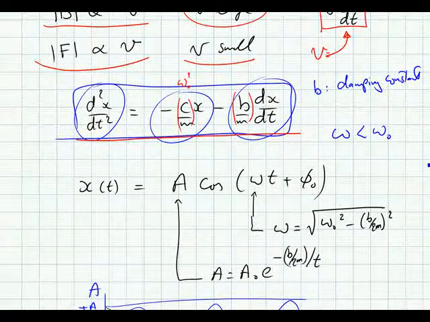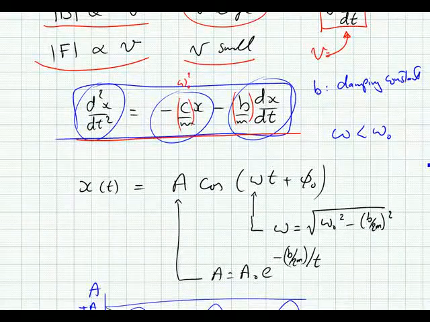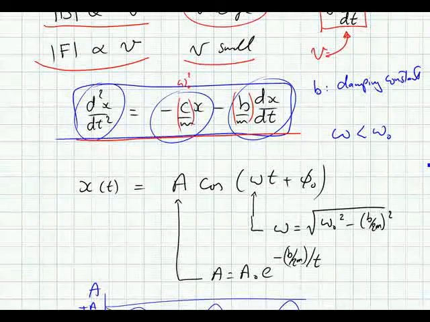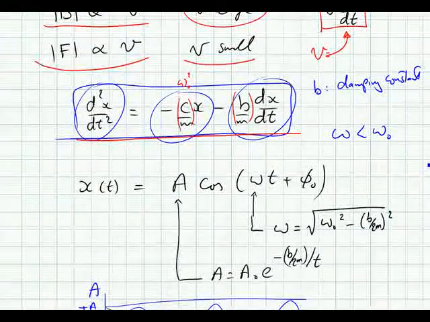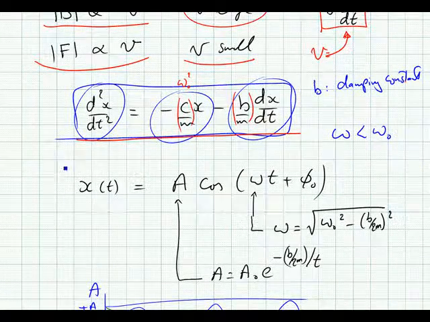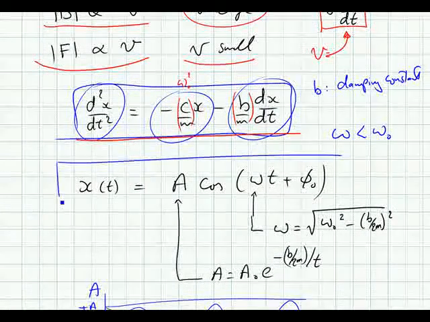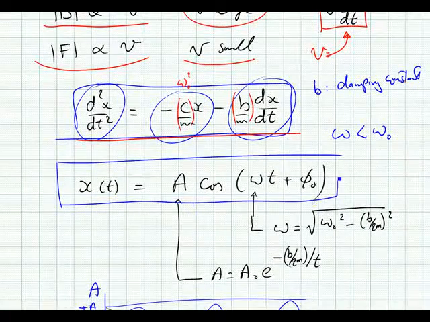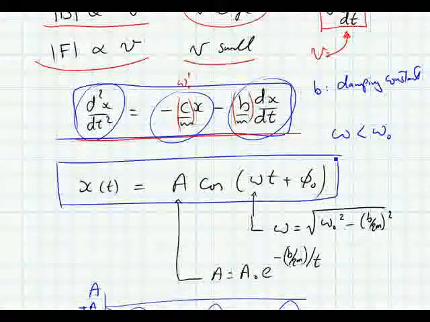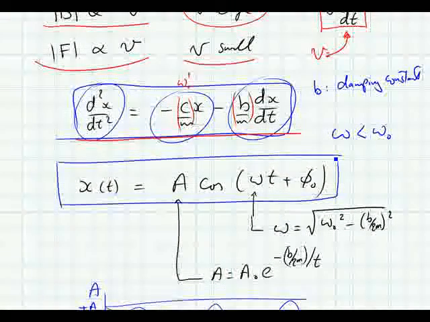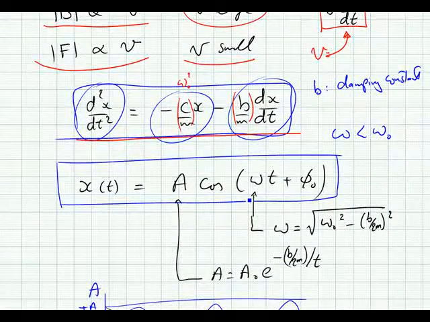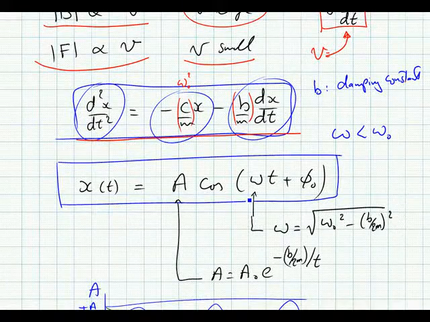You can once again find a solution for this second order differential equation using the guessing technique, and a possible solution is of this form, which, as you can see, does describe a simple harmonic oscillation. So x(t) is given by A cosine(ωt plus φ naught). Once again, φ naught is our phase constant.